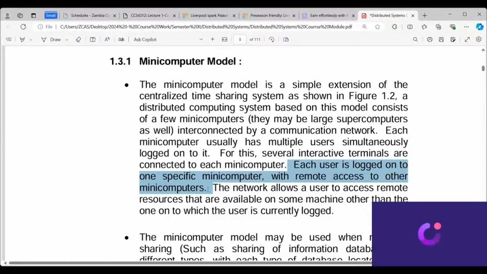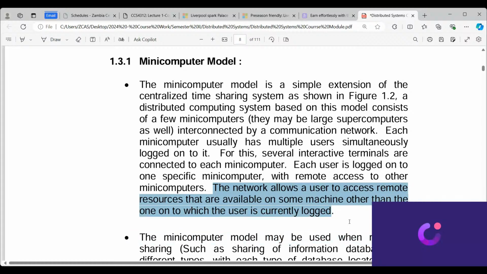Each user is logged on to one specific mini computer. But despite that, users have access to other remote computers. So the network allows a user to access remote resources that are available on some machine other than the one on which the user is currently logged on.